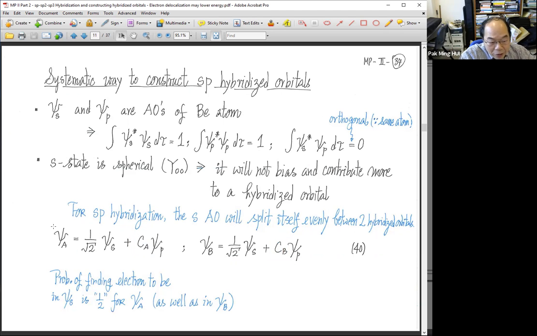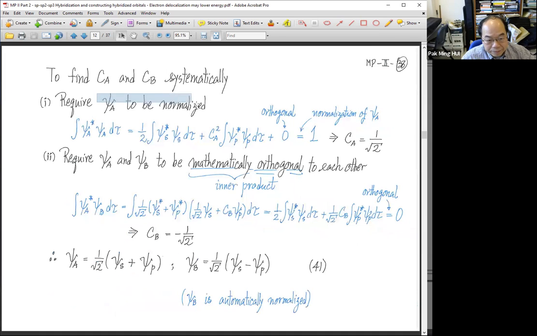First, we can use that this itself is normalized. We want the hybridized orbital to be normalized to look for c_A. Normalized, okay, what does it mean? Do this. Write it out. There's an s times s term, with 1 over square root 2 giving you that.